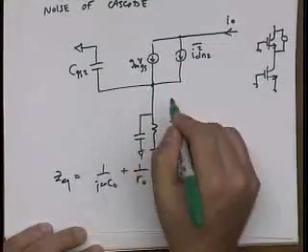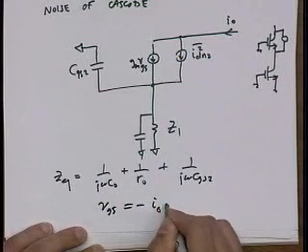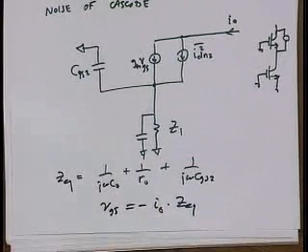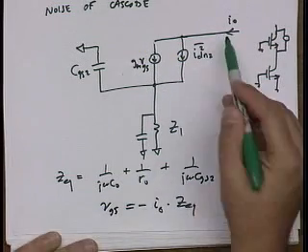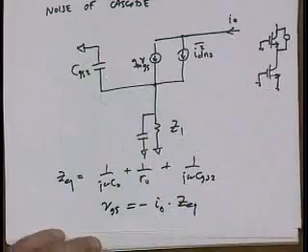And that means that the VGS of the transistor is minus I/O times Z equivalent. Right? So just this current flowing into this impedance produces a VGS across here.